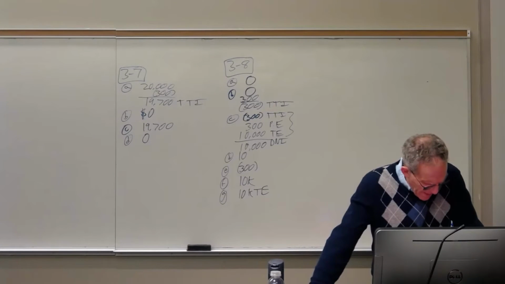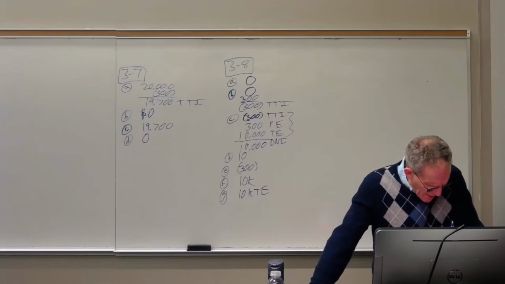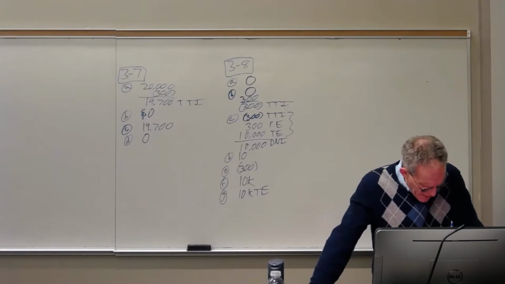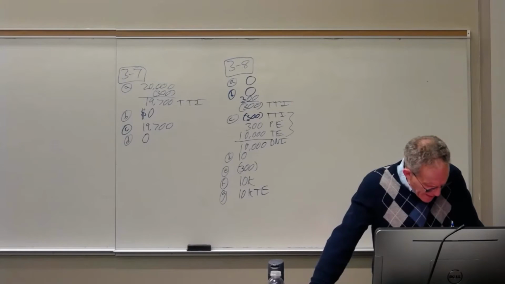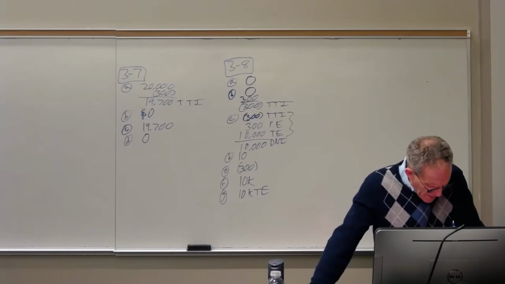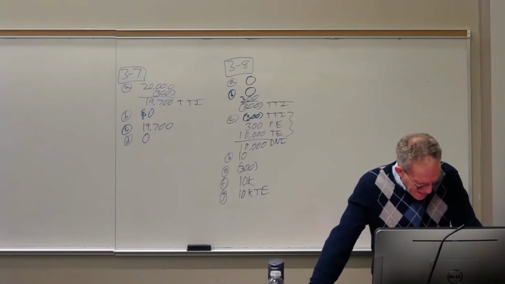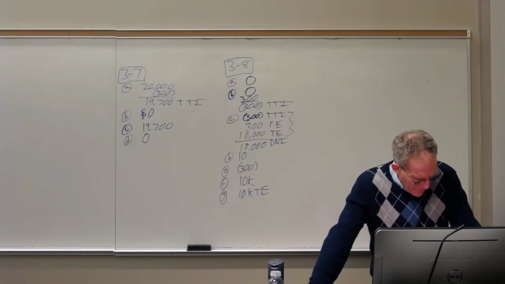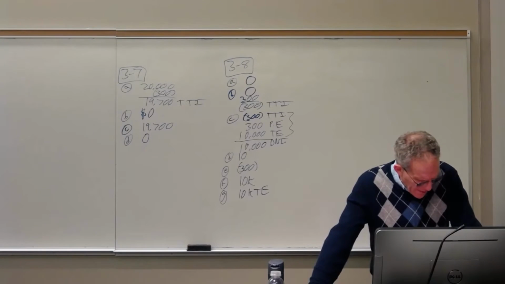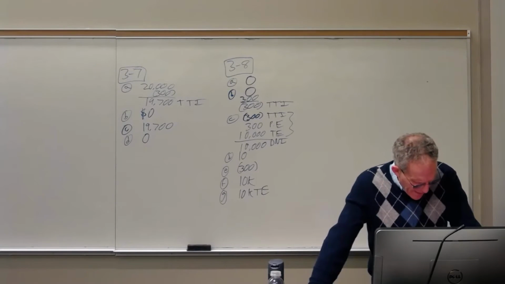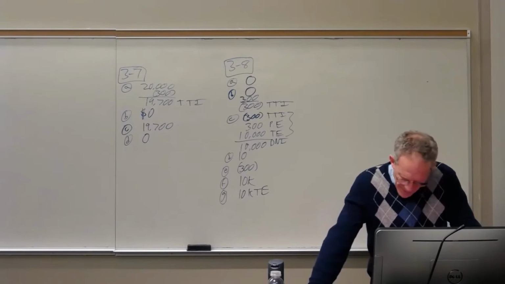For this purpose, the amount should be treated as consisting of the same proportion of each class of items entering into the computation of DNI of the trust as the total of each class bears to the total of DNI of the trust. And then notice that I have the word unless highlighted. We'll come back to this in another problem. Unless the terms of trust specifically allocate different classes of income to different beneficiaries.